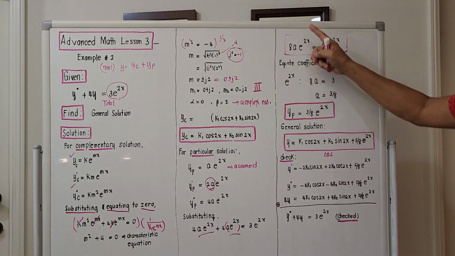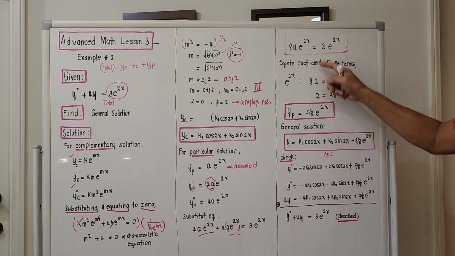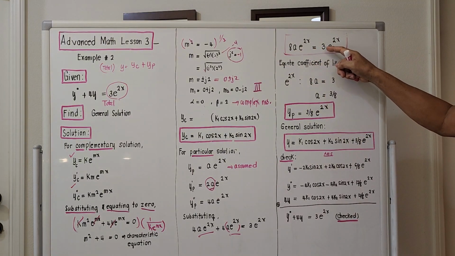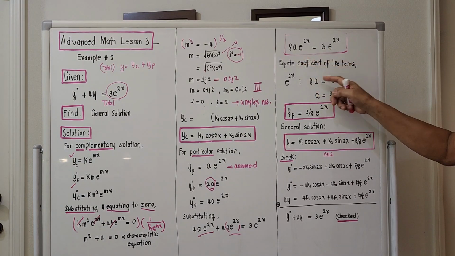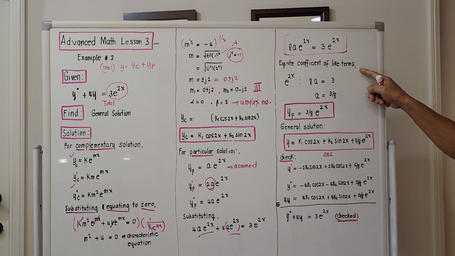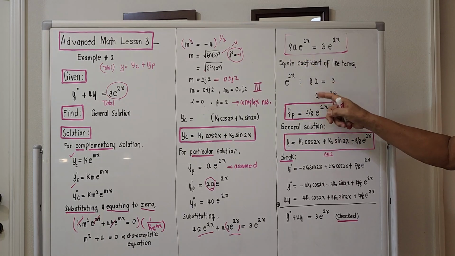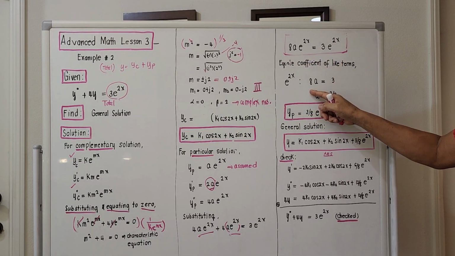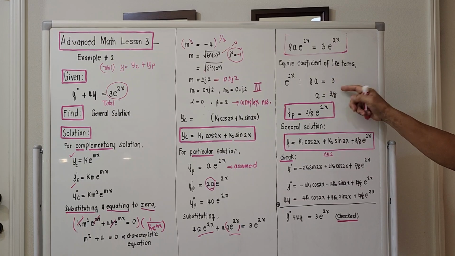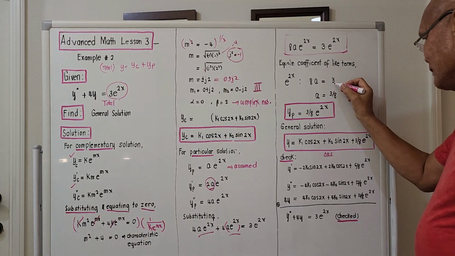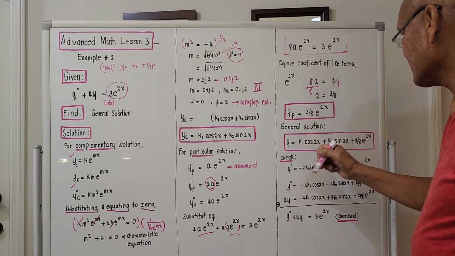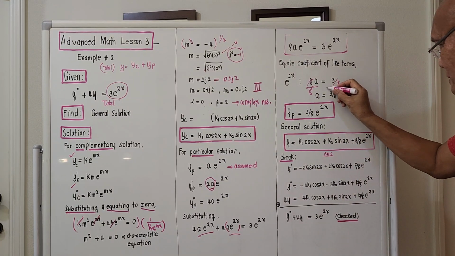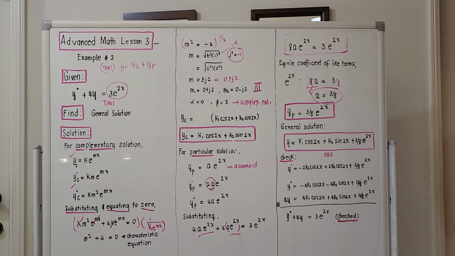On the left, the coefficient is actually 8a, and on the right, the coefficient is actually 3. So this should be equal to 3. Dividing both sides by 8, this cancels. So a now will be 3/8.